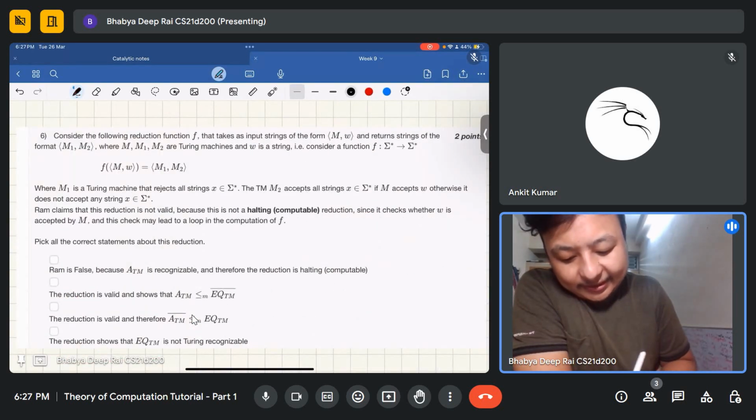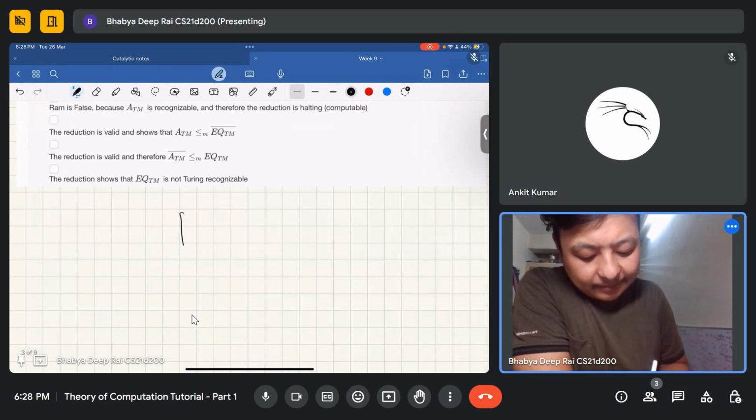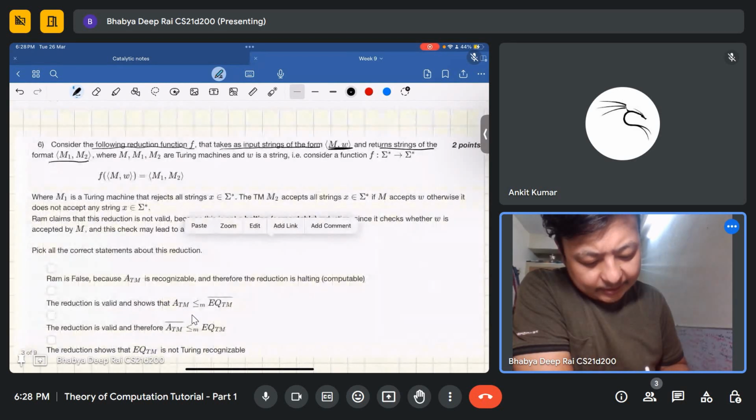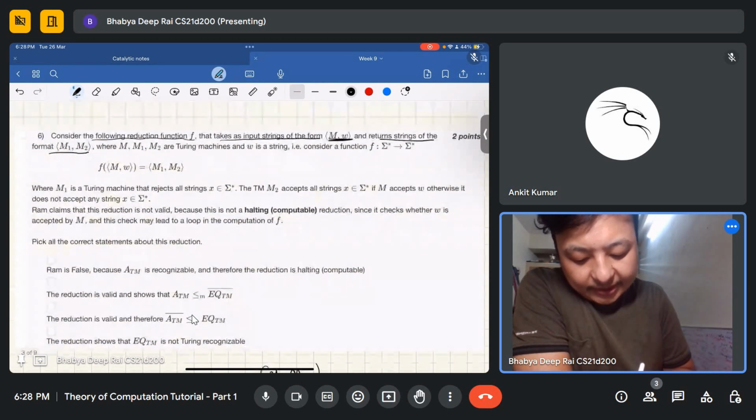So, yeah, let's look at this. They're saying consider the following reduction function f that takes as input strings of the form mw and returns strings of the format m1, m2. So there's a reduction f that takes in m and w, and gives two outputs m1 and m2, where m1, m2 are Turing machines and w is a string.